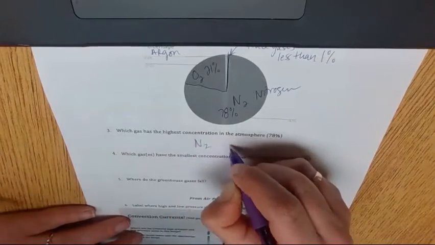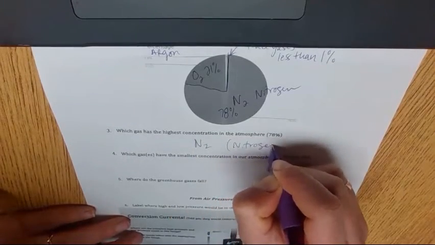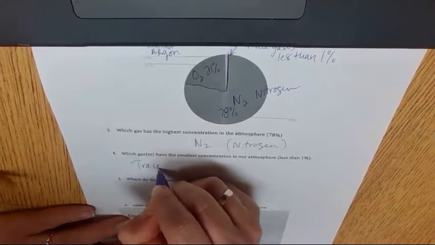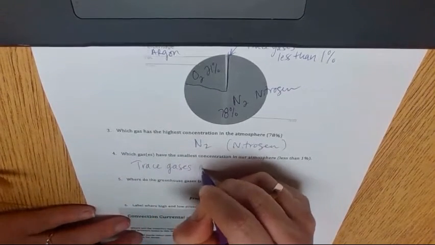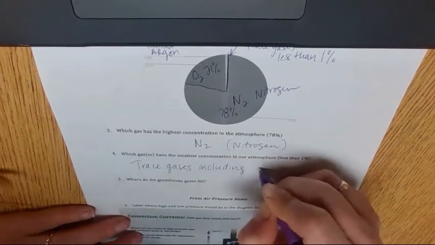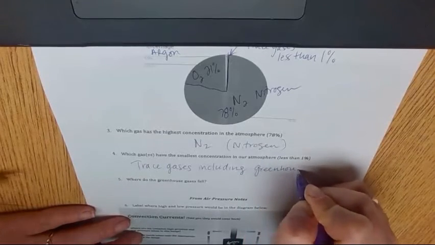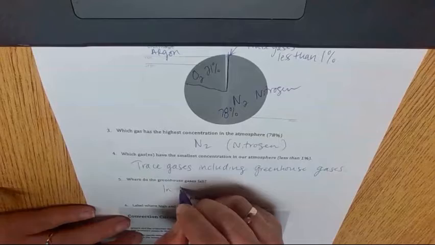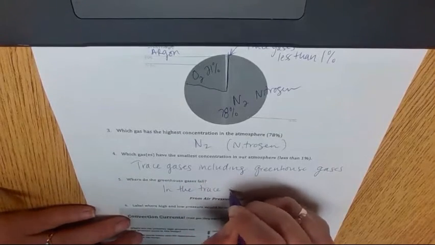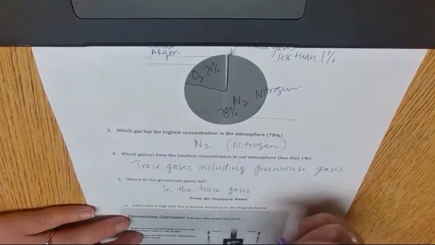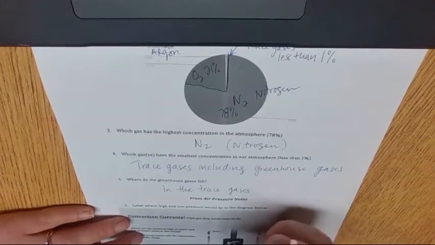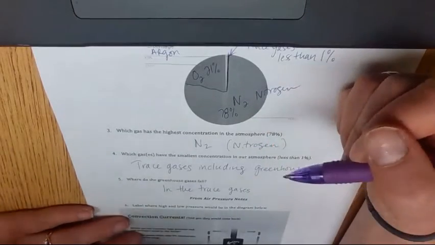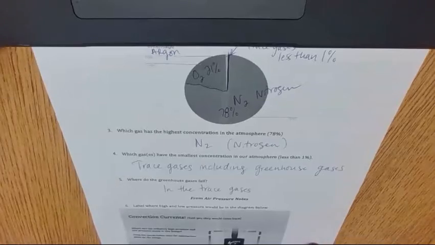So N2, nitrogen, has the highest concentration. The smallest concentration would be the trace gases, including the greenhouse gases. And the greenhouse gases fall in the trace gases. So those gases that are keeping our planet warm and keeping our planet too warm are actually in this tiny little fraction of a piece of our atmosphere.